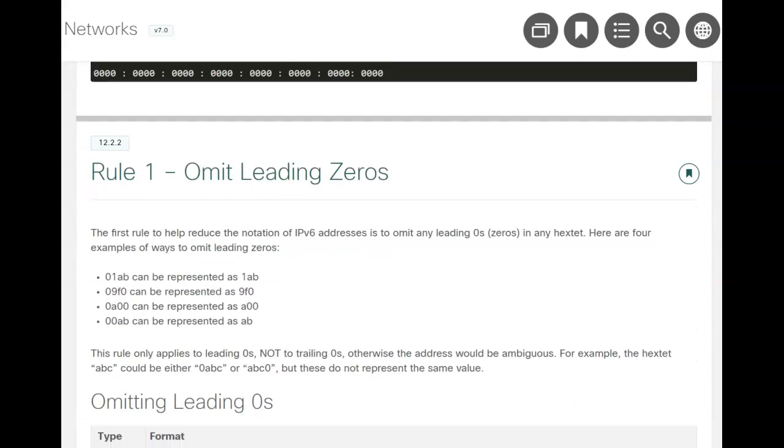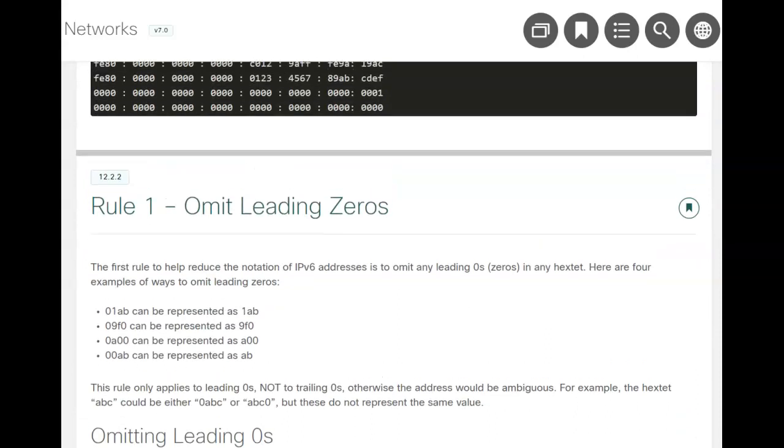The first rule is we can omit the leading zeros. If there are any front-end leading zeros in the address, we can get rid of them. So the first rule is omit leading zeros in any hextet.